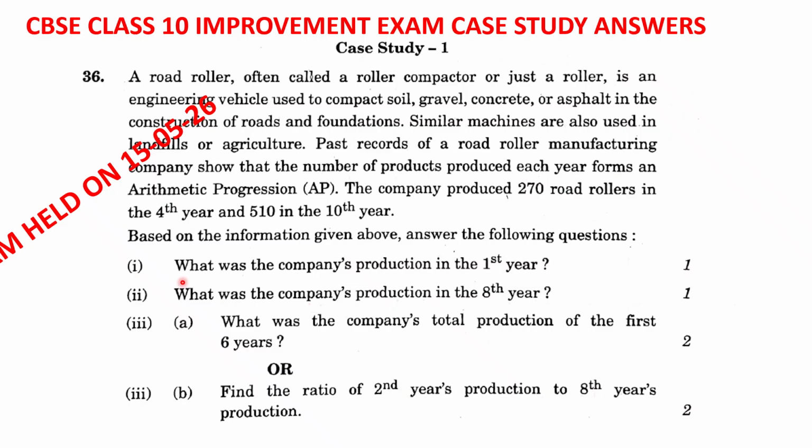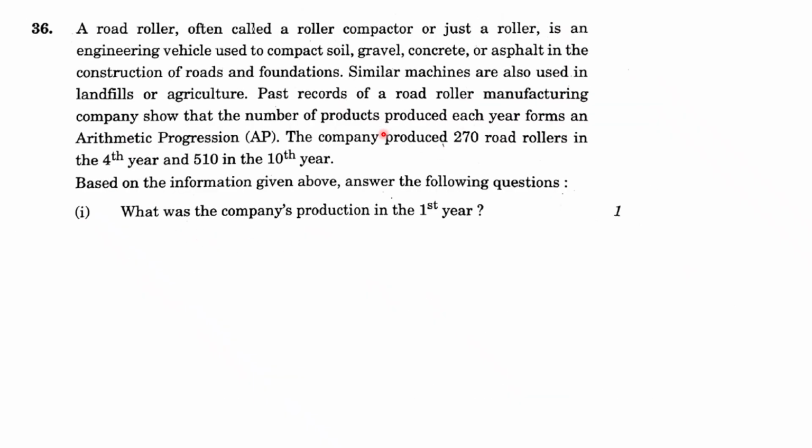So the first question is, what was the company's production in the first year? So let's solve the first part. Here, the information given in the question is, in the fourth year, the number of road rollers produced is 270. If I assume my first term as A and the common difference as D, then fourth year means A4 is given as 270.